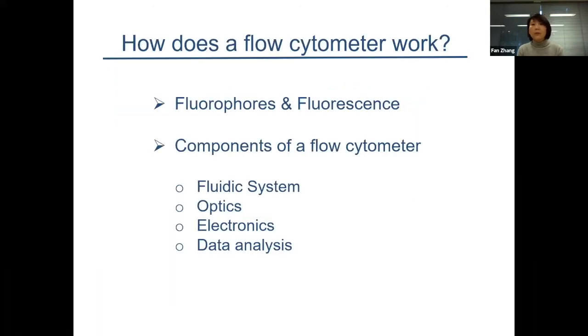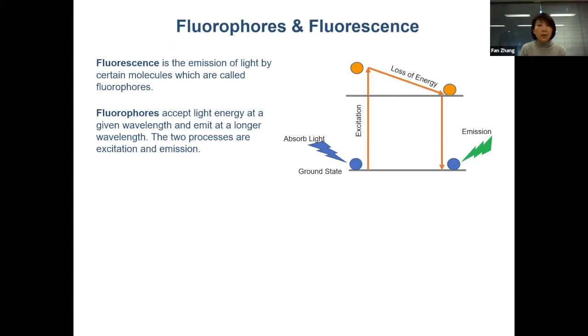So how does a flow cytometer work? I'm going to start with fluorophores and fluorescence, and also talk about components of a flow cytometer. Fluorophores are molecules that can be excited by external light. It rises to a high energy state, which is however unstable.